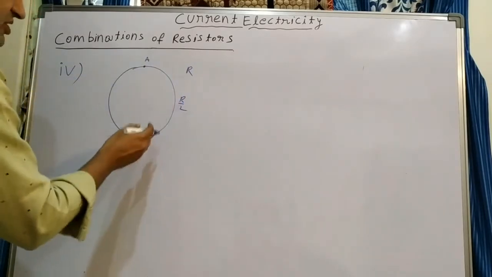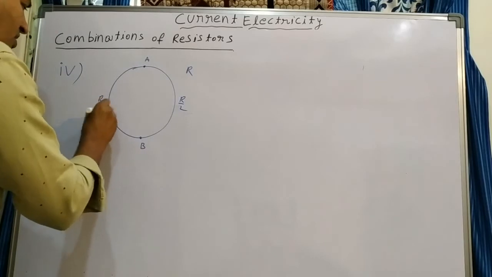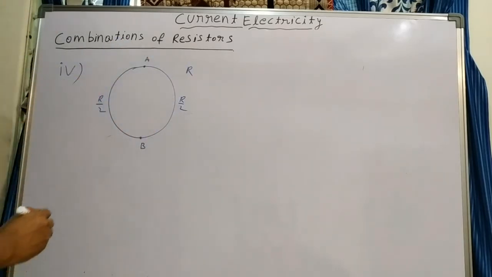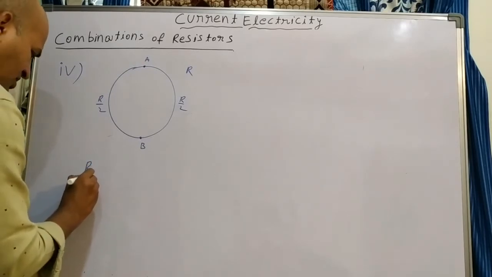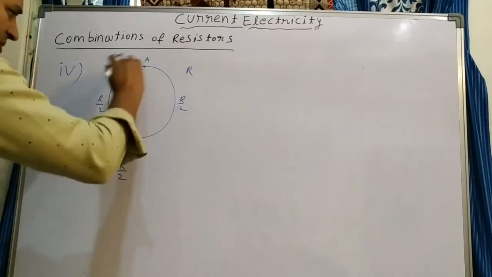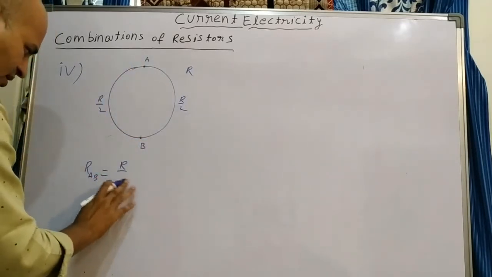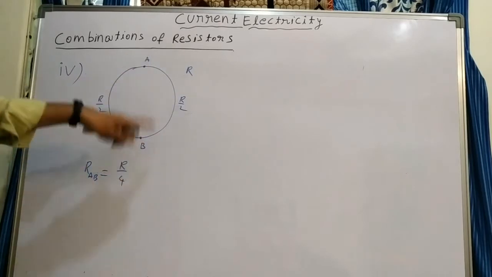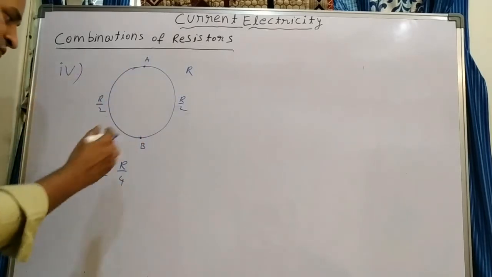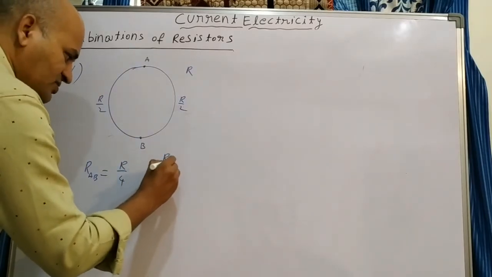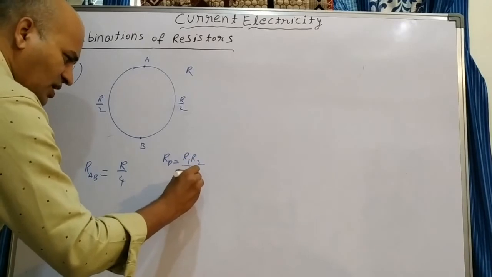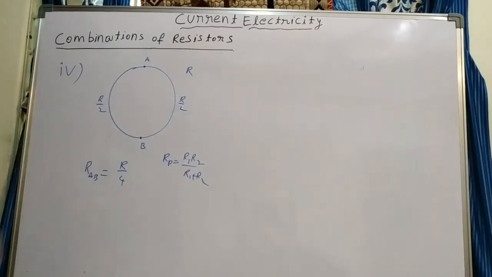Total is R, this part is R by 2 and this part is also R by 2. Between A and B, this part and this part are parallel. So what can you write? RAB is equal to R by 2 by how many are there? 2 parts, by 2. So you get R by 4. R by 2 parallel means you get R by 4. Otherwise, only 2 resistances are there, so for the parallel combination we can use the formula R1 R2 by R1 plus R2. Using that formula we can get this.